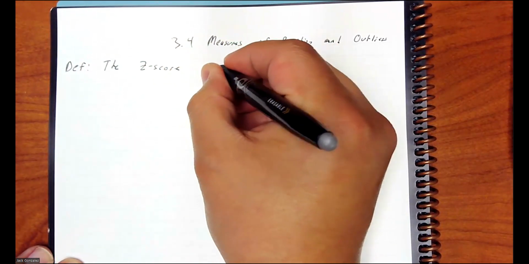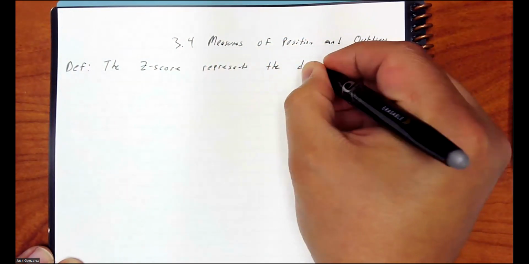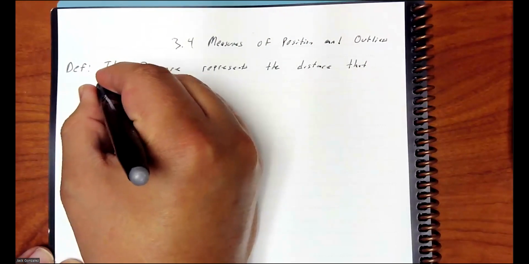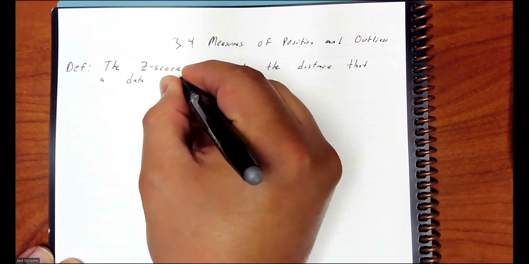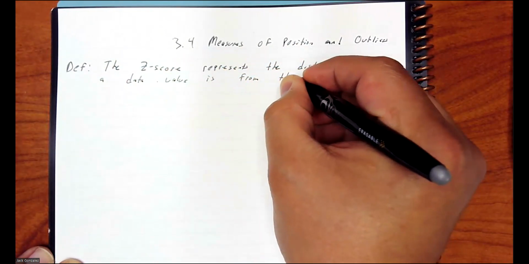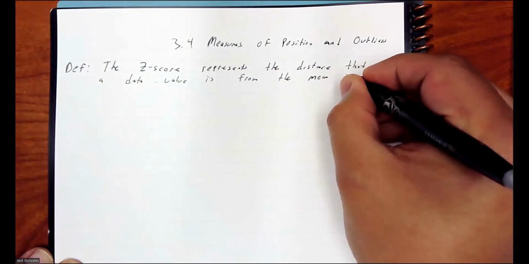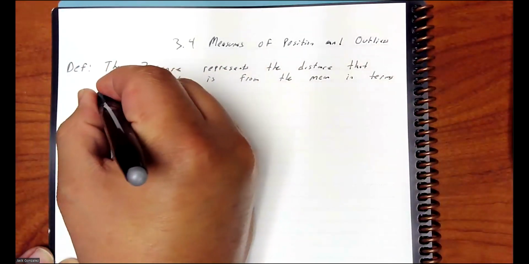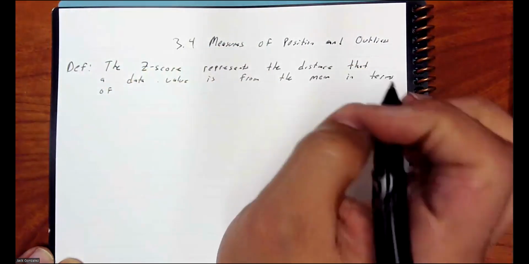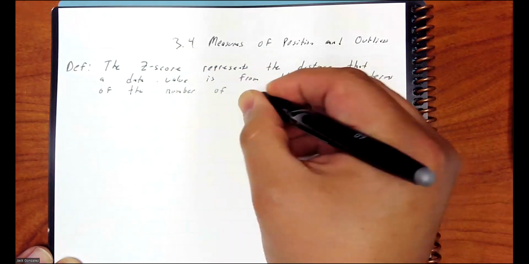The z-score represents the distance that a data value is from the mean in terms of the number of standard deviations.